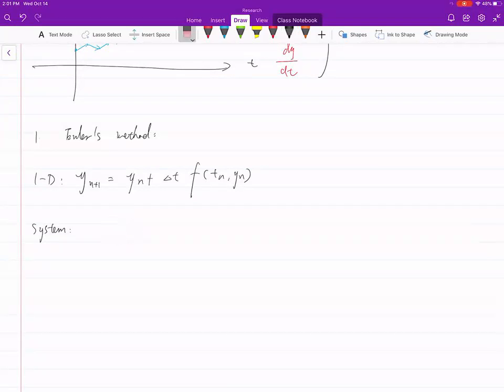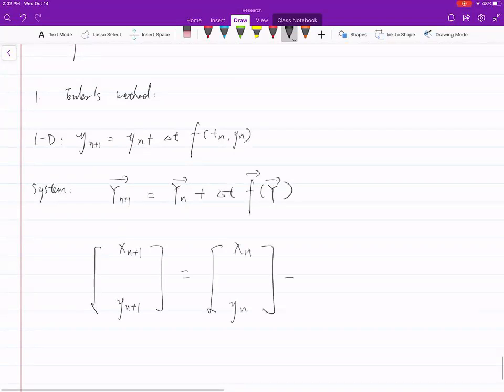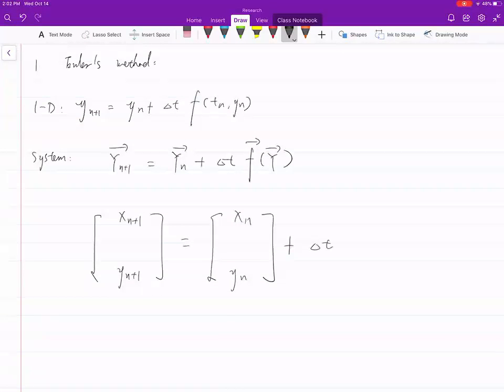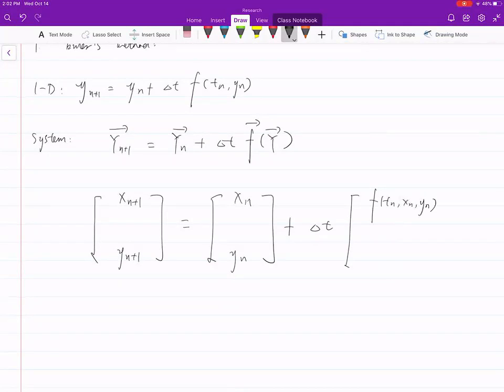So yeah, let's just write this down first. Or more precisely, if it's 2-dimension, f, g.